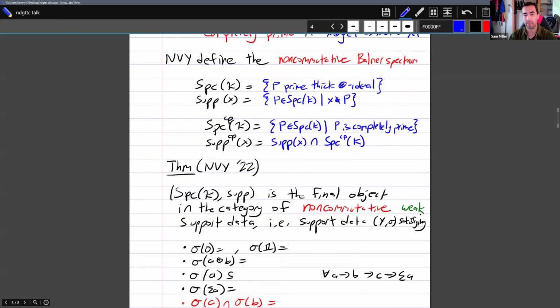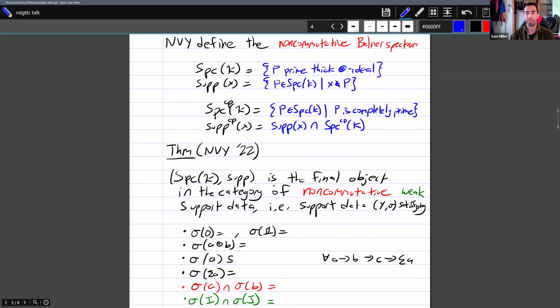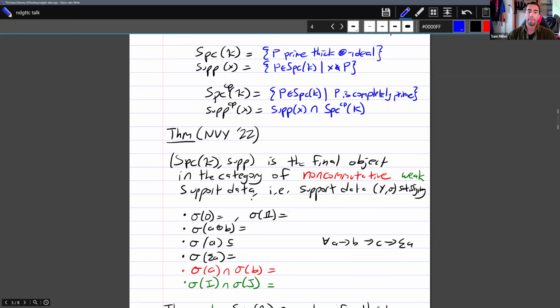And NVY go on to show an analogous universality statement. They show that, again, one can consider the category of all support data defined analogously. And they show that Spec K with Supp is the final object in this category of non-commutative support data, or non-commutative weak support data.